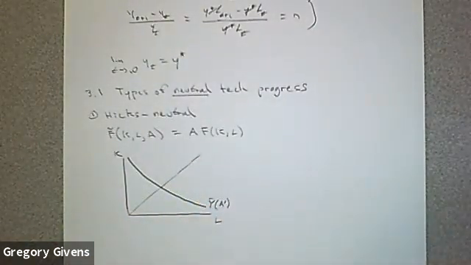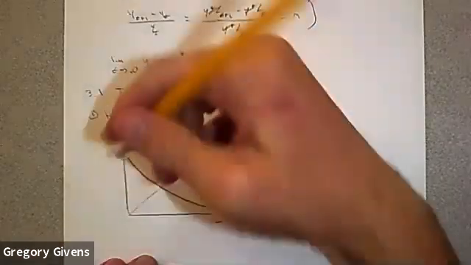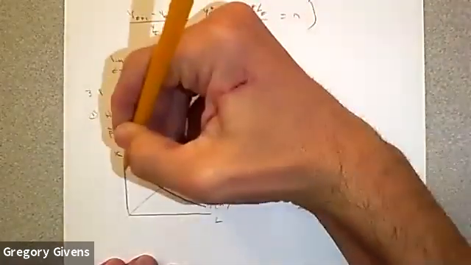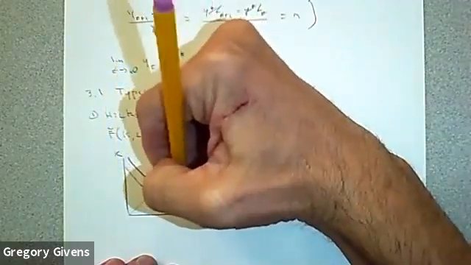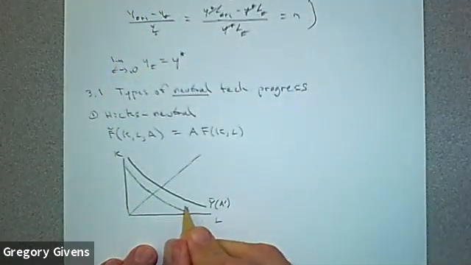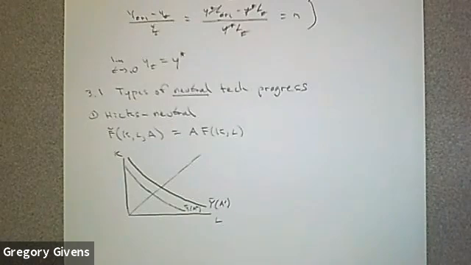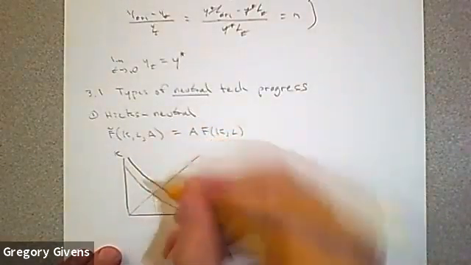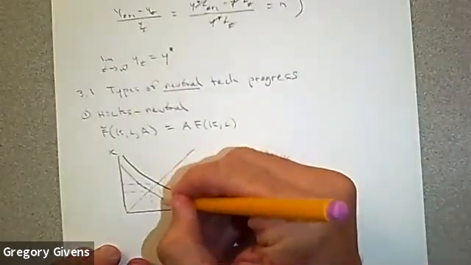Now, what does a Hicks neutral technological advancement look like? Let's suppose here that technology improves. What that's going to do then is shift in the ISO production schedule so that the same amount of output can actually be produced with higher technology and lower levels of capital and labor.